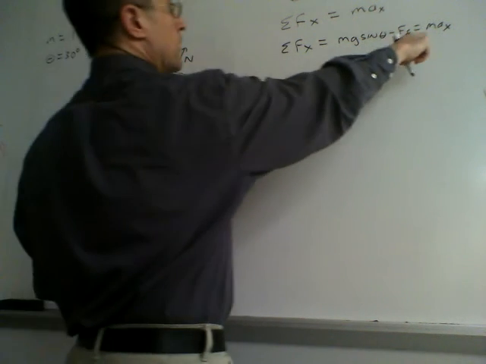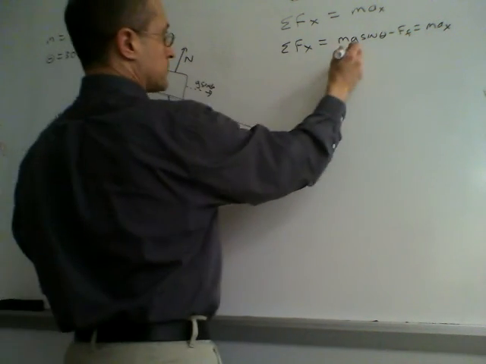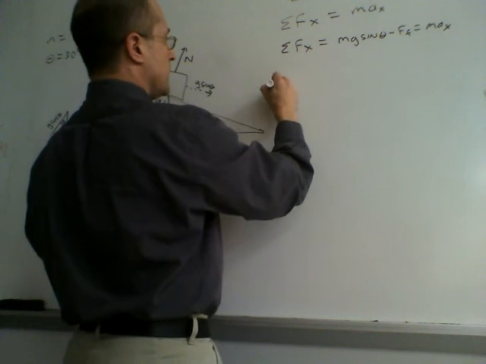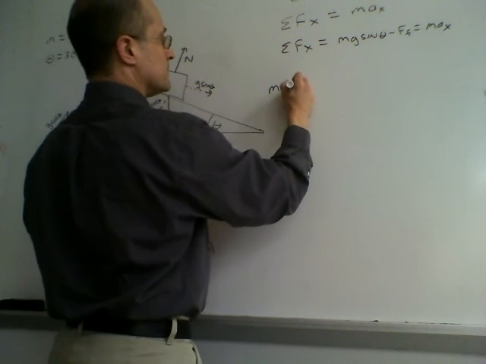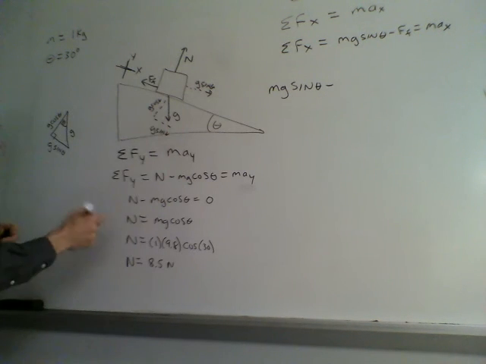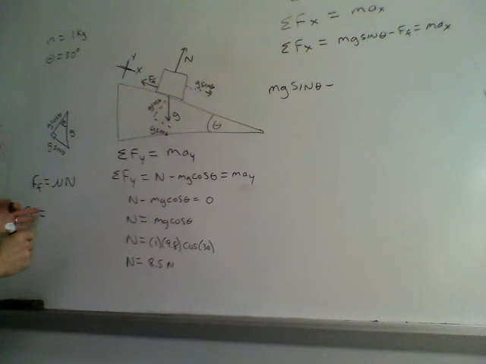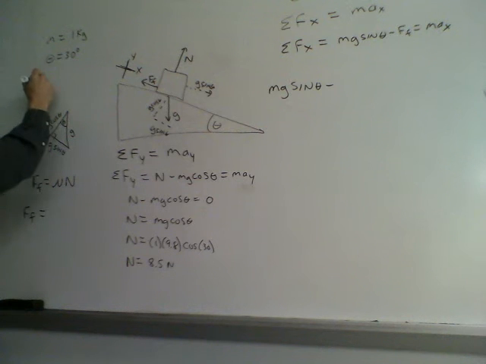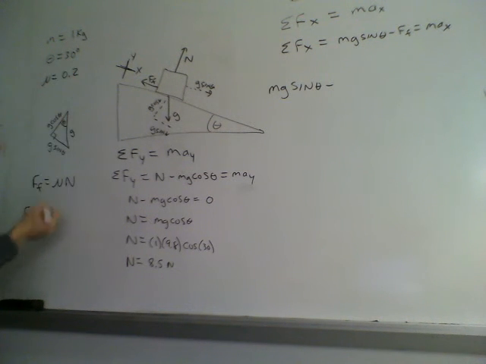So let's see if we're going to experience an acceleration. We know that mg sine theta minus, well, we've always defined the frictional force as mu times N. In this case, we never specified mu, but let's just say that mu is 0.2.